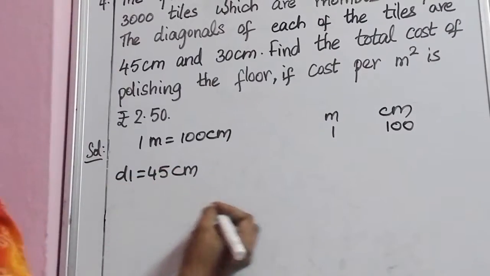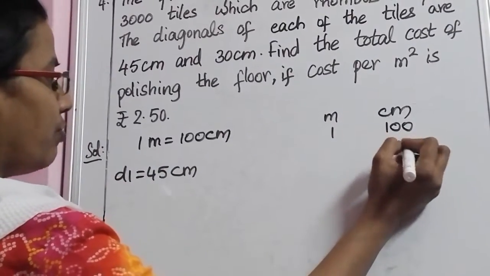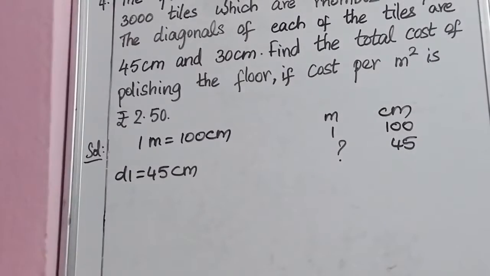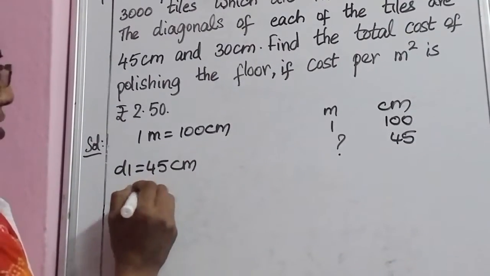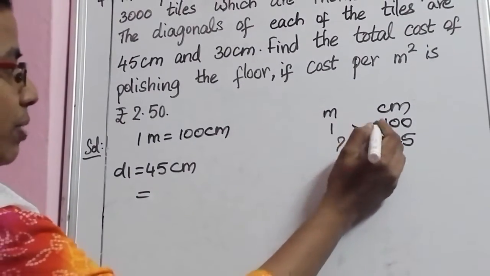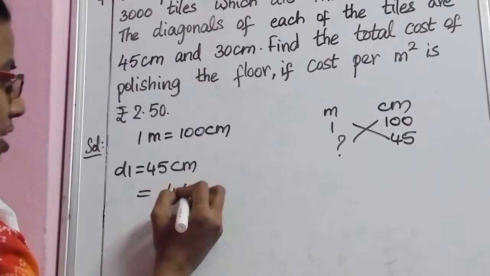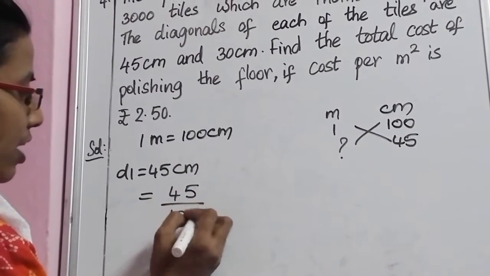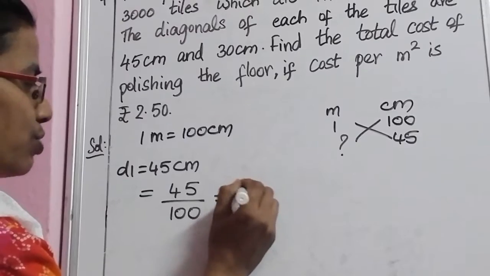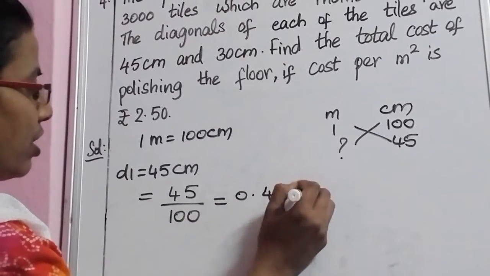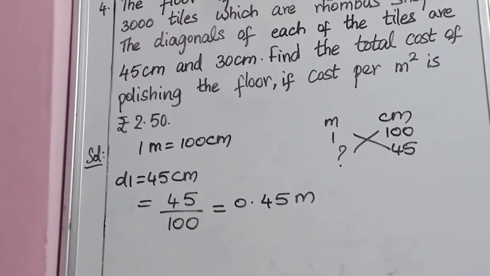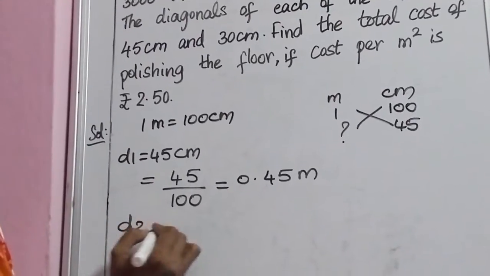What is D1? Diagonal. So 45 centimeters is how many meters? This is nothing but cross multiplication. 45 divided by 100. So this is equal to 0.45 meters. This is D1.